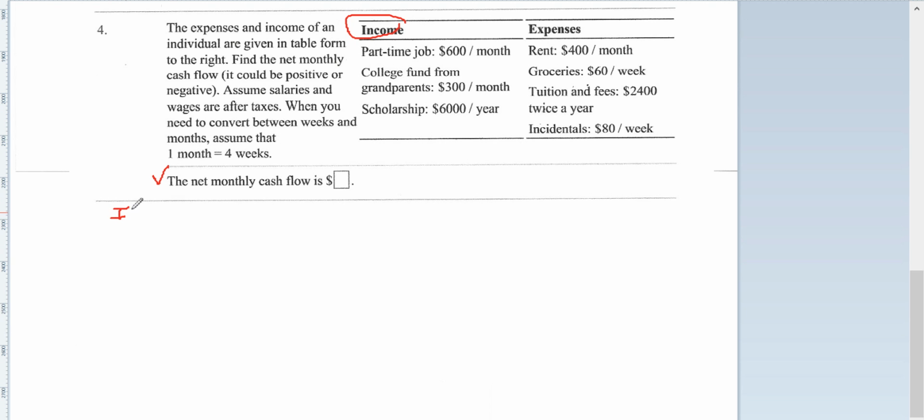Here's a little format for you to use. Income: the part-time job gives you $600 per month. That's what we want, monthly income, so we don't have to do any conversions there. The college fund from the grandparents is $300 a month.